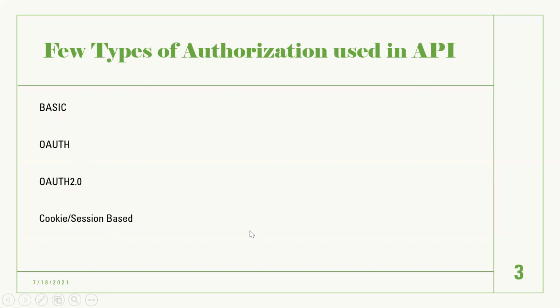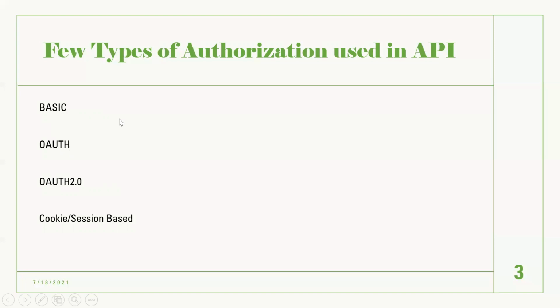Okay, basic authorization is nothing but you provide just the user ID and password and you'll get the authorization. OAuth is nothing but you'll have a particular URL where it will generate some authorization. Then you'll have to give it to a callback API. Then it will hit.